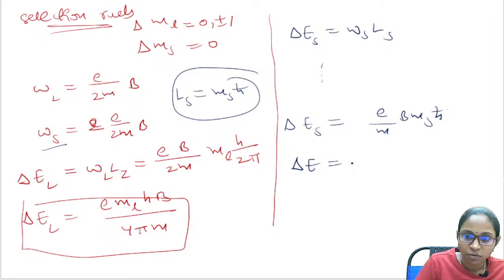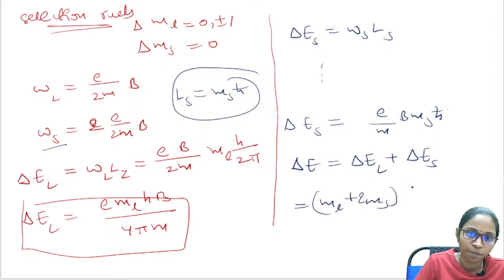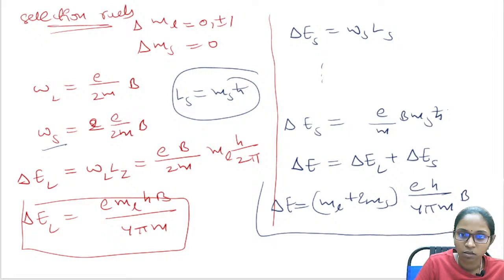Now the total energy equals the sum of energy due to orbital angular momentum and spin angular momentum. This will be equal to (ML plus 2MS) into e h by 4 pi m into B. Very important equation. As we know, this value is equal to L prime.